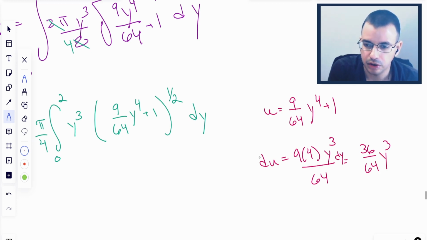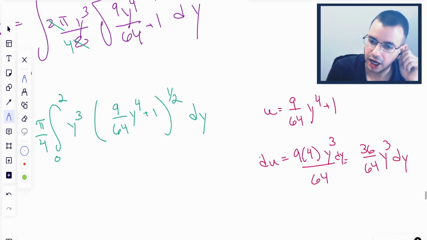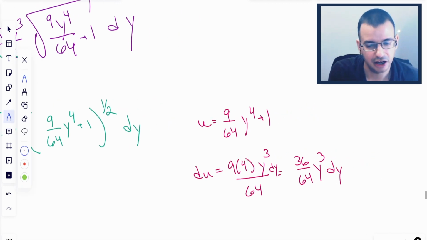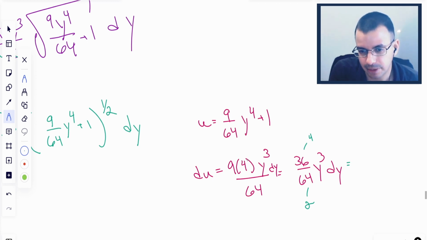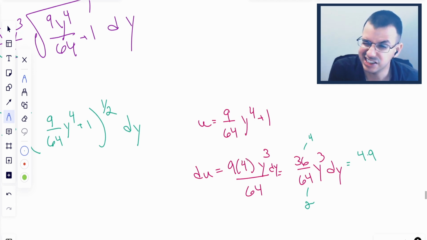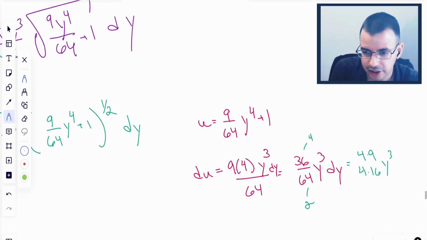dy, there we go. The factors of 64 are 2, and the factors of this is 4, so we can divide the top and bottom by 4. So this is the same as 4 times 9. 64 divided by 4 is 16. So it'll be 4 times 16 y cubed dy.